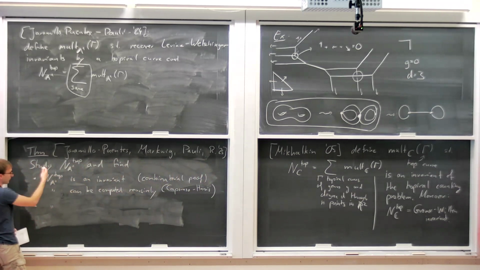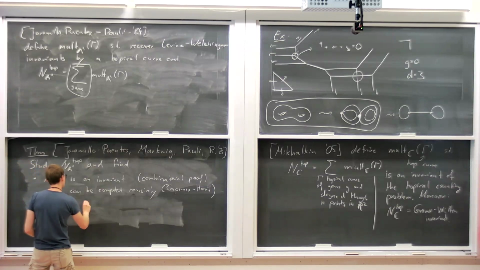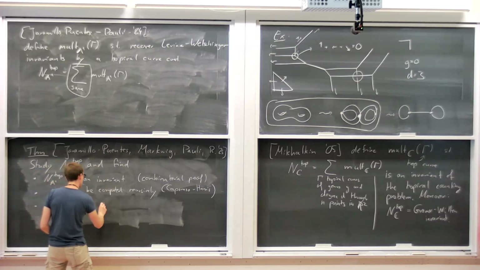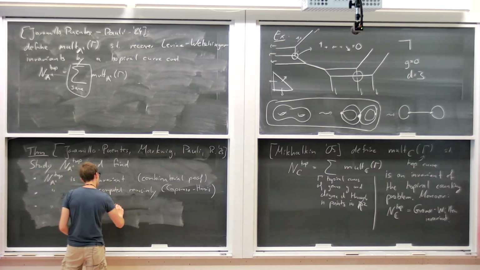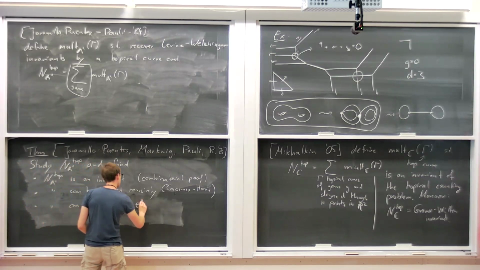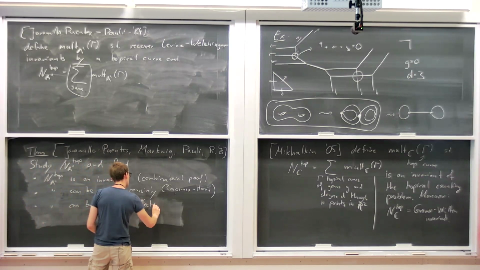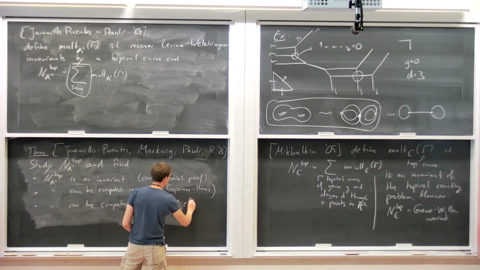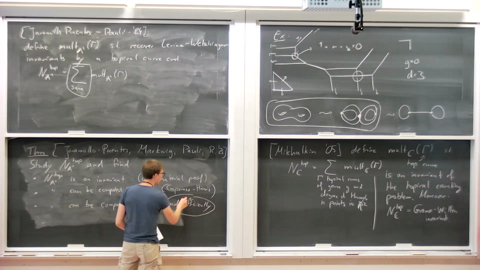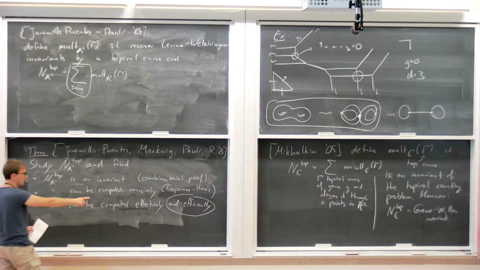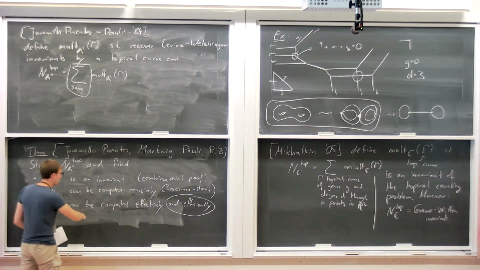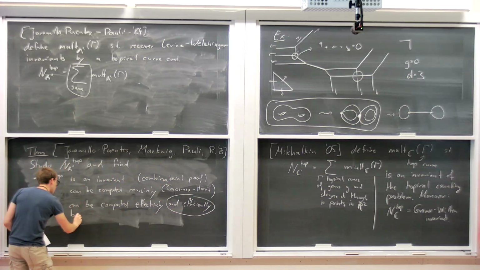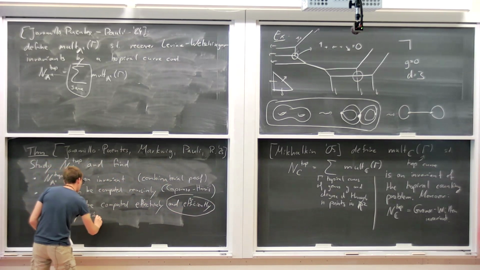So what we've verified is that these brand new invariants can be computed effectively and efficiently, where this is more of a heuristic thing and nothing that I can quantify, by using floor diagrams.